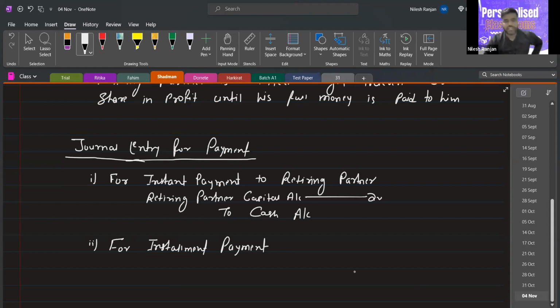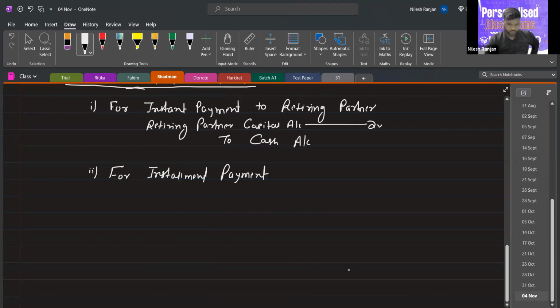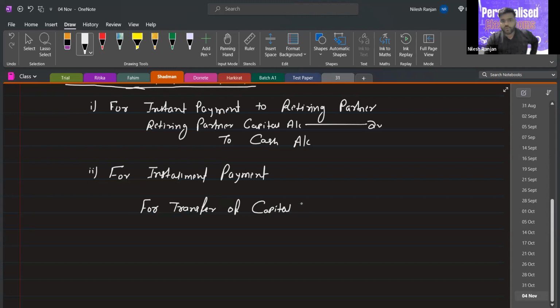When we have delayed the payment, for installment or lump sum, then first of all we will transfer the partner's capital balance to loan account, for transfer of capital account balance to loan account.